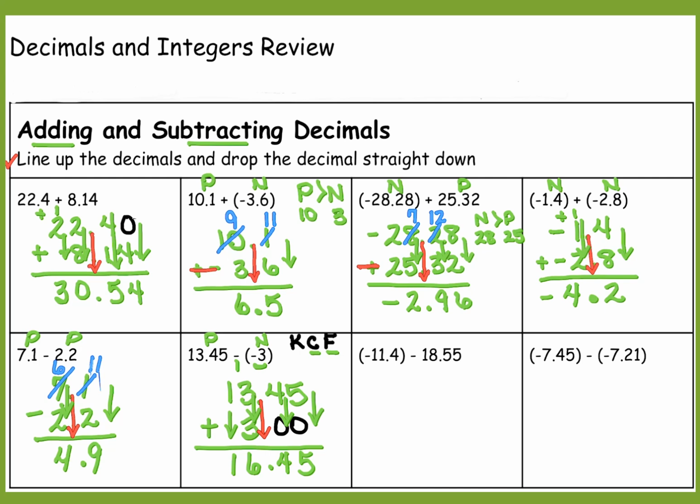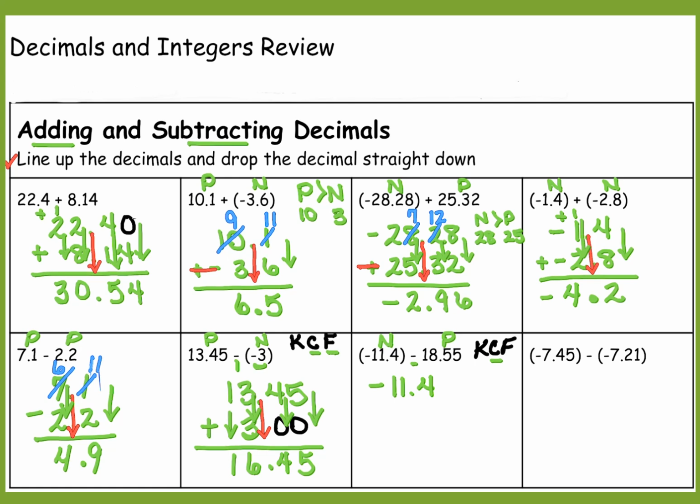In this next problem, we have a negative minus a positive number. Now remember, we like to add, so again we are going to do our keep, change, flip to make this problem much more simple for us. Now looking at this problem, we have negative 11 and 4/10.